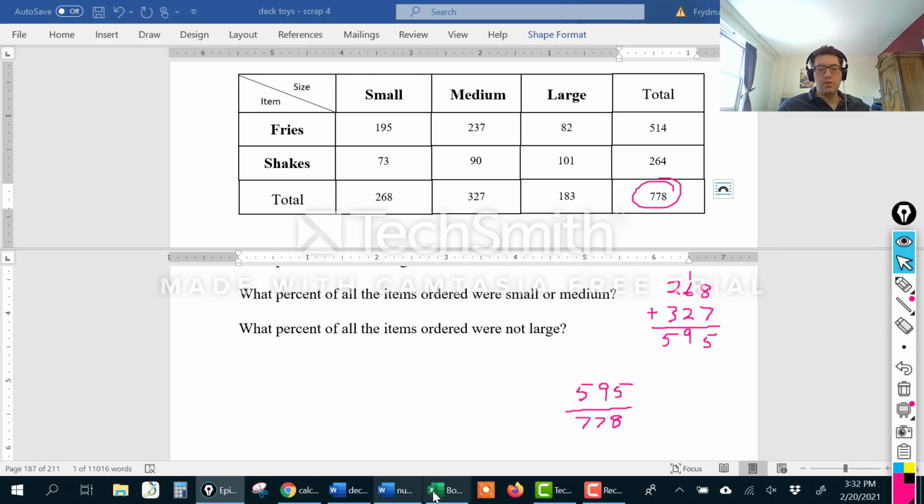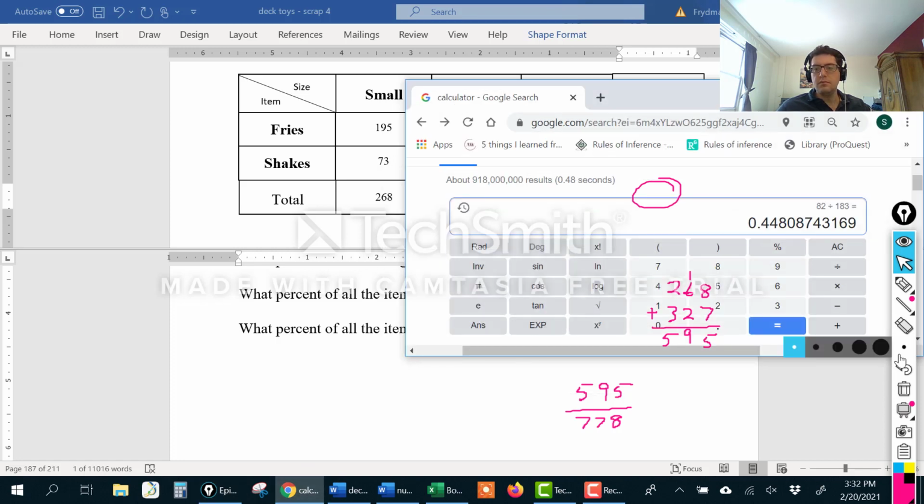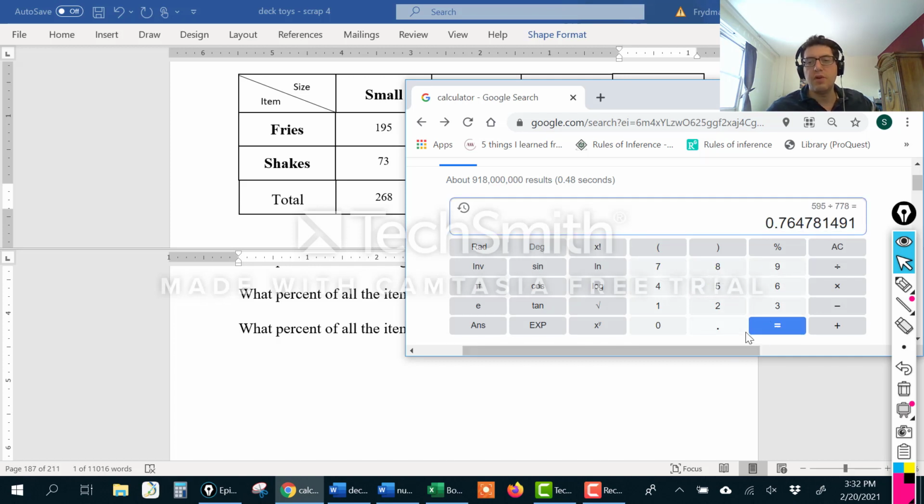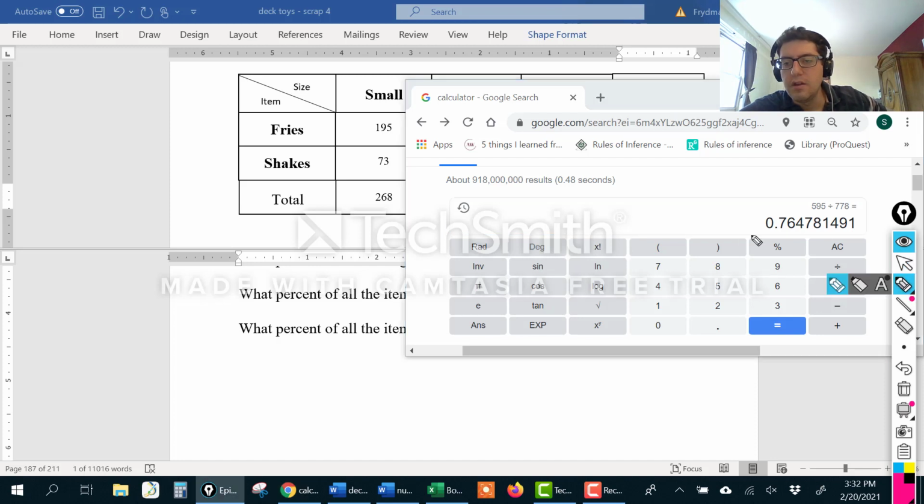So 595 divided by 778. Now let's round that to the nearest tenth. There's the decimal point. Here's the digit we're rounding to.